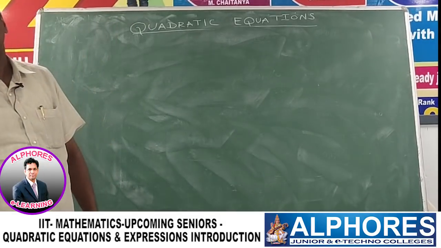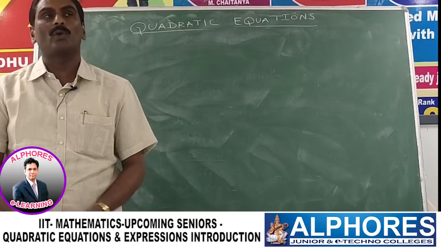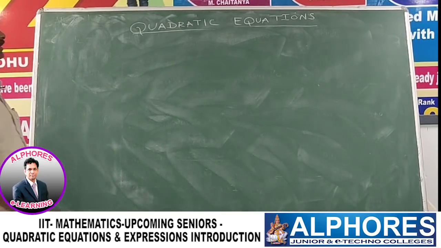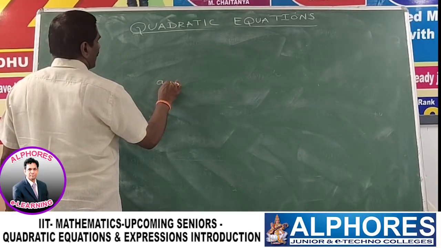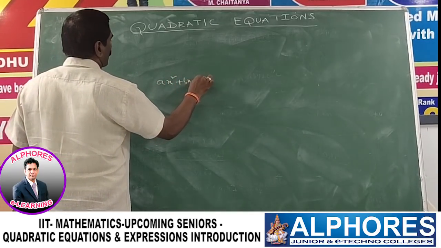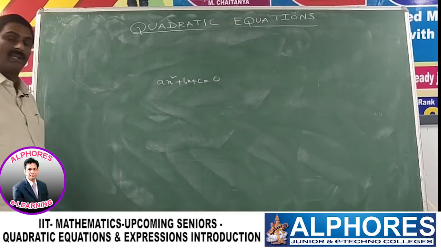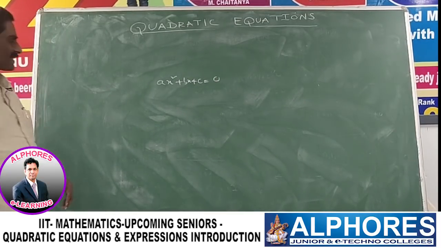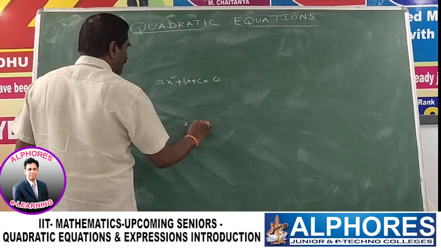Now we come to roots of the quadratic equation. Suppose ax square plus bx plus c is equal to 0 is the given quadratic equation. What are the roots? Consider the equation x plus 1 is equal to 0.